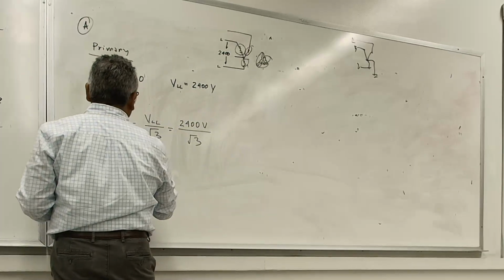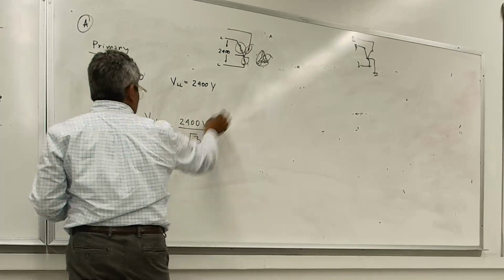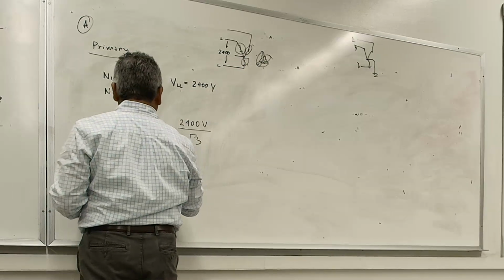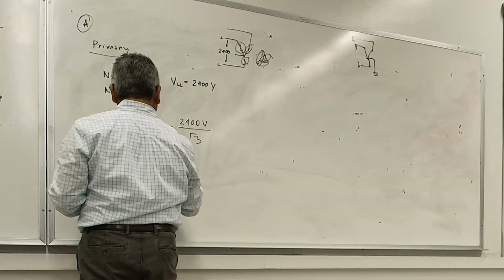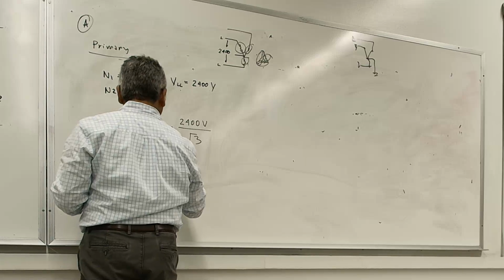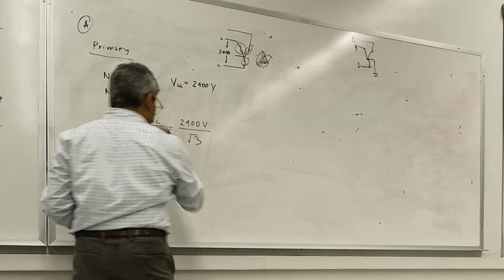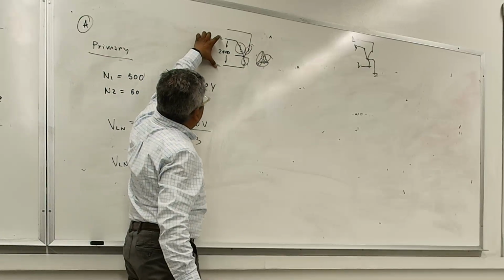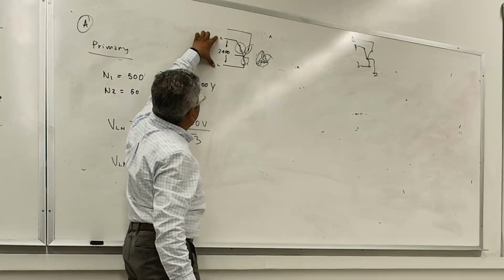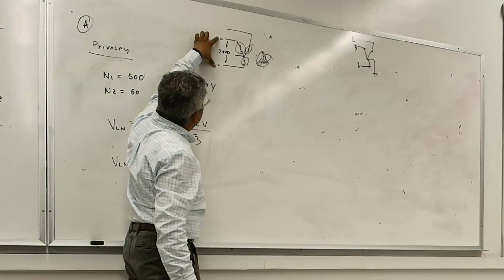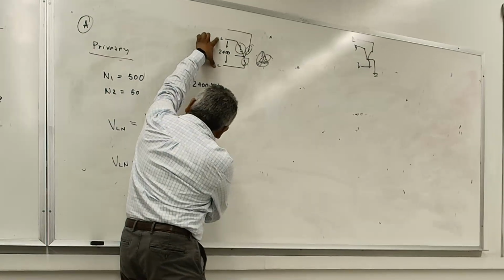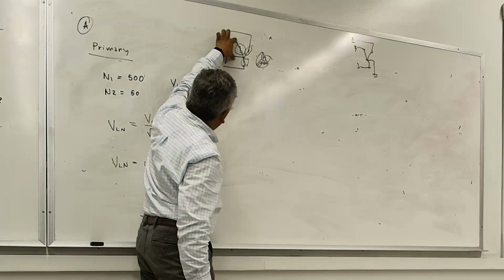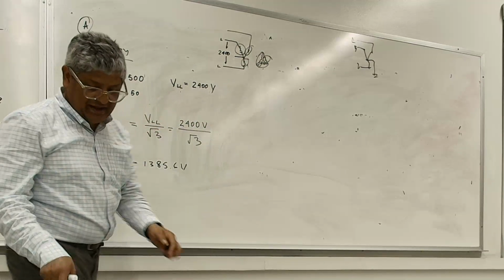So the voltage line to neutral on the Y side is equal to 1,385.6 volts. If you apply 2,400 volts between A and B, you get 1,385 volts between A and neutral.